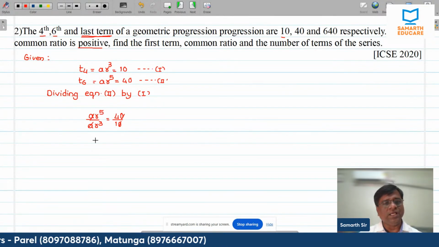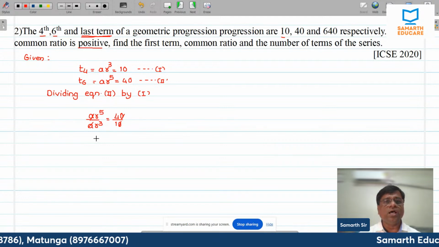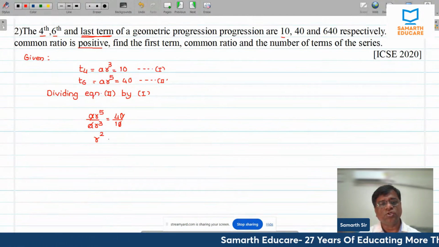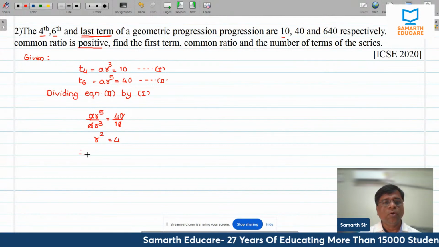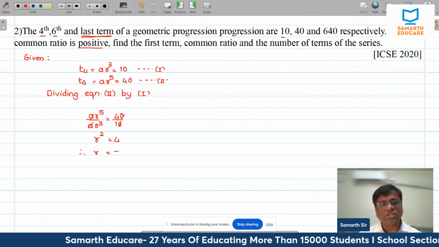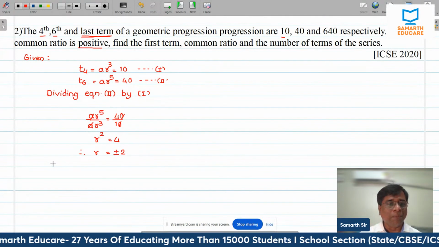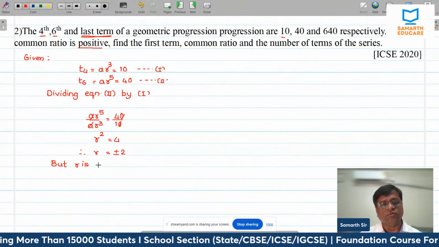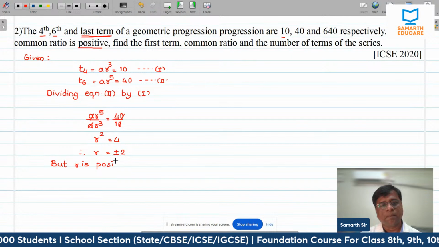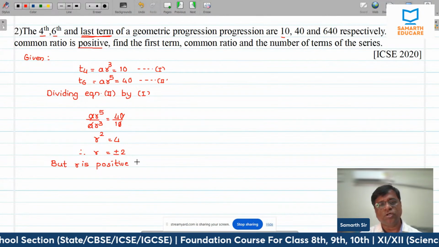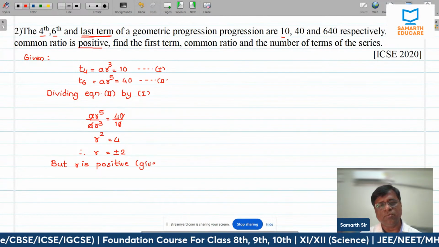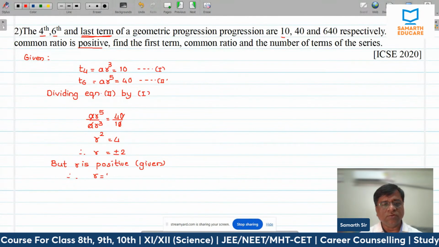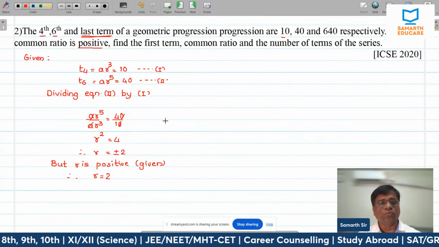According to the law of indices, r raised to 5 upon r raised to 3 is r raised to 5 minus 3, which is 2, and that is equal to 4. The r value is actually plus or minus 2, but the question says that the common ratio is positive, that is given to us in the problem, right? That means the value of r will be only one, that is plus 2.